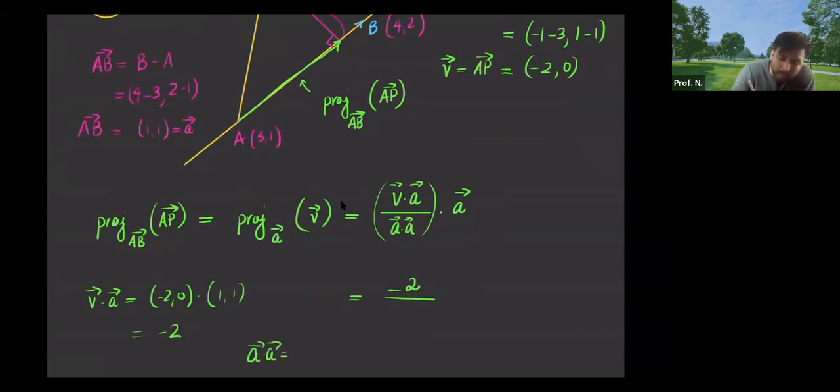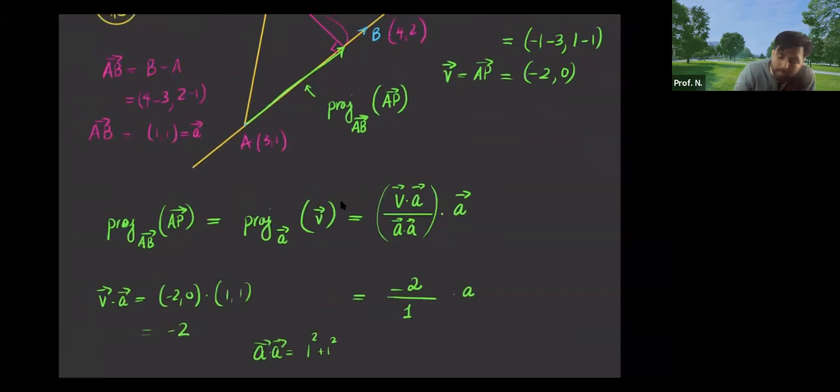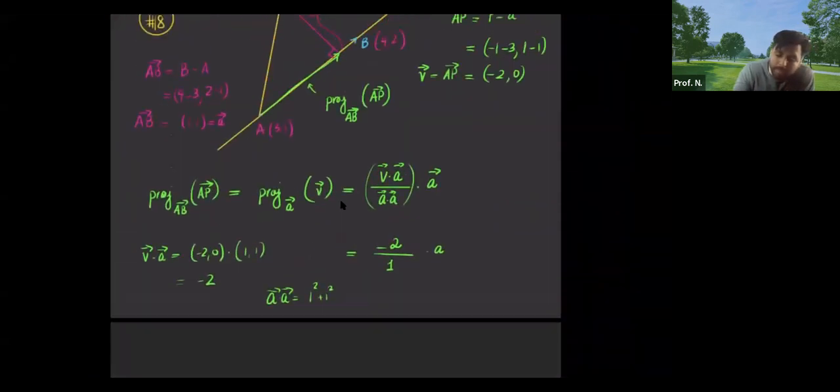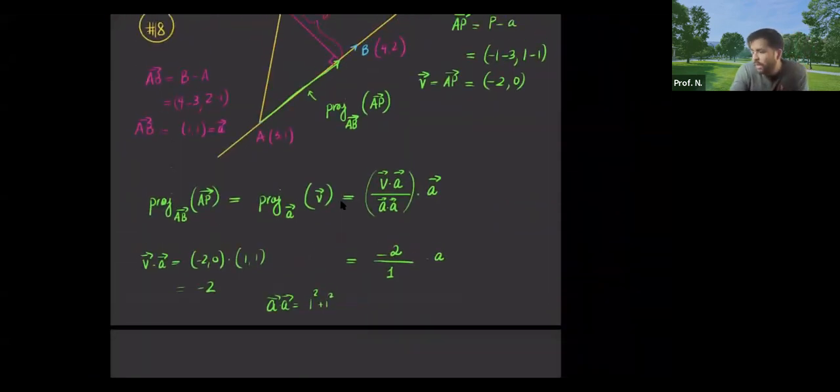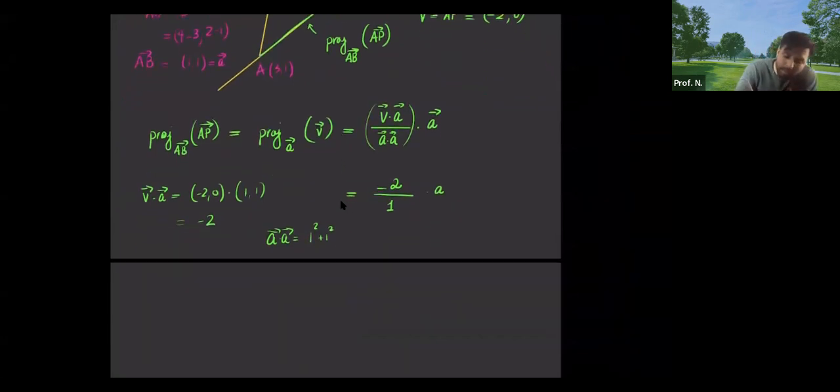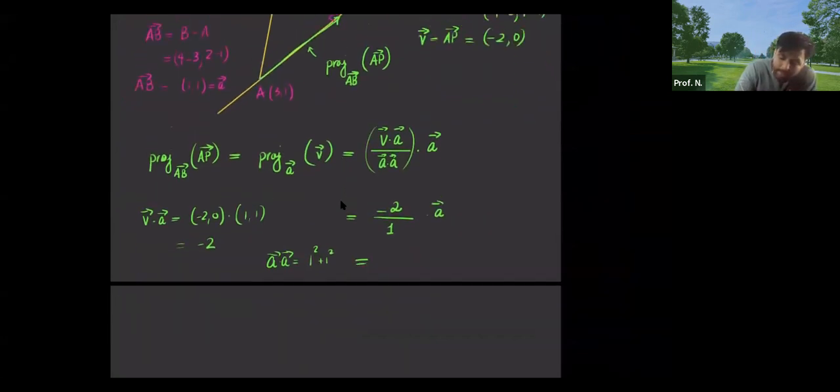Well, that's just 1 squared plus 1 squared, which is 1 times A. And of course, it's not geometrically according to where it should be. But anyways, so this is negative 2 times A, 1, 1. So this should be negative 2 comma negative 2.